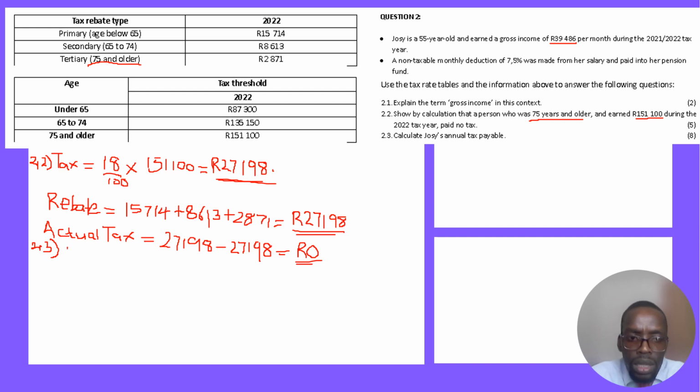So we need to start by calculating the annual income for Josie. The annual income for Josie is going to be the monthly, which is 39,486, multiplied by 12.